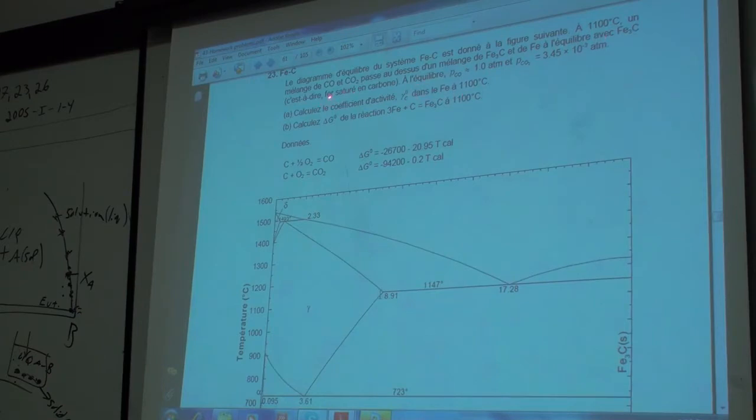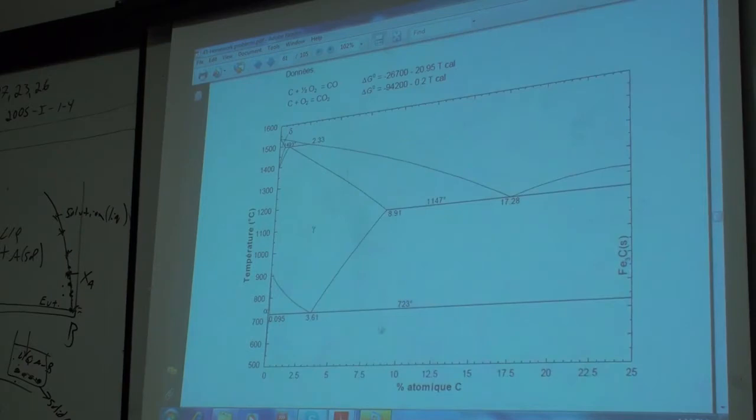The gamma iron is saturated with Fe3C. I shouldn't say carbon, it should say Fe3C. At equilibrium, you measure PCO and PCO2, calculate the equilibrium coefficient of carbon in iron at 1100 degrees, and calculate the Gibbs energy of formation of iron carbide.